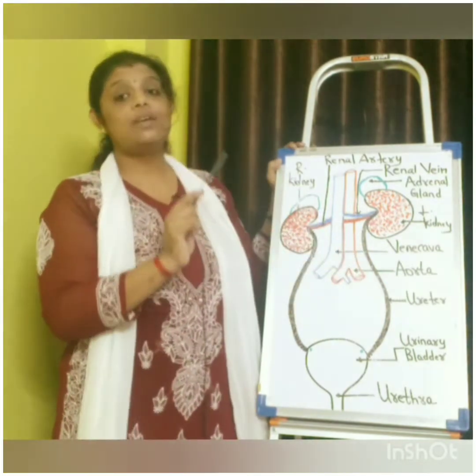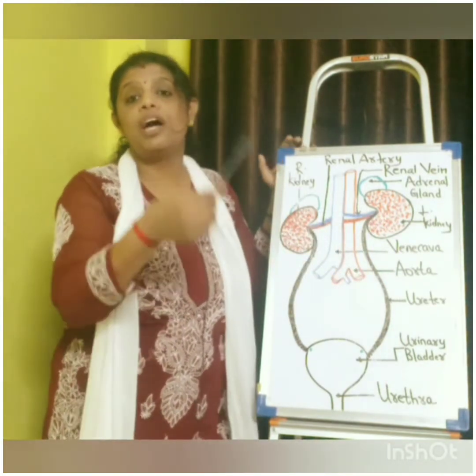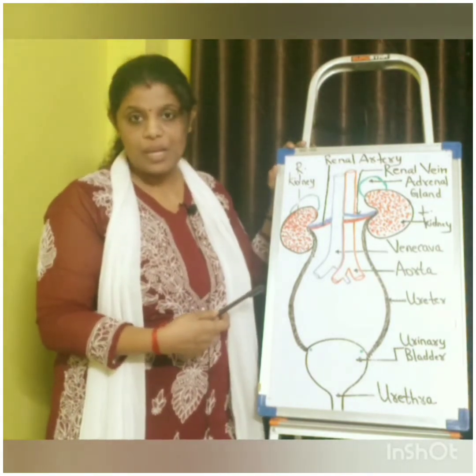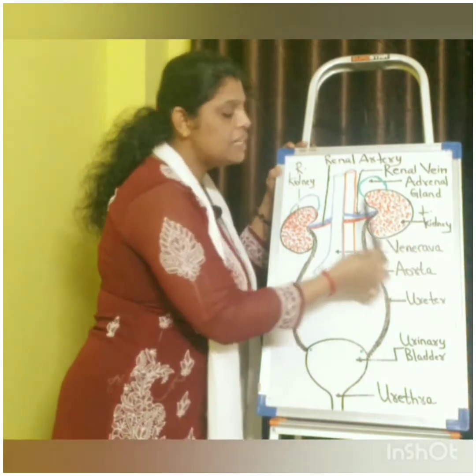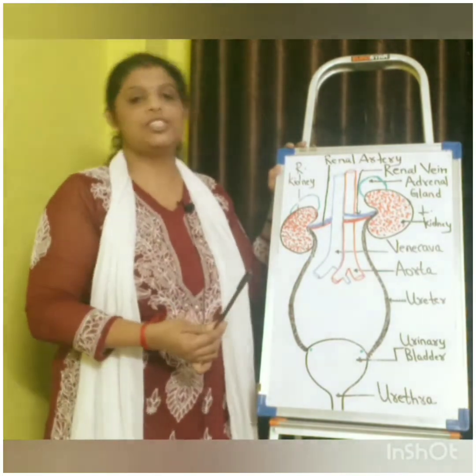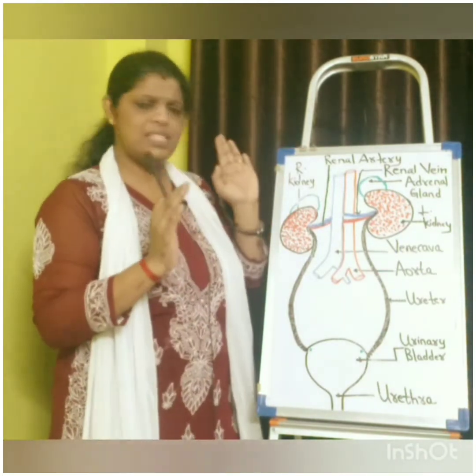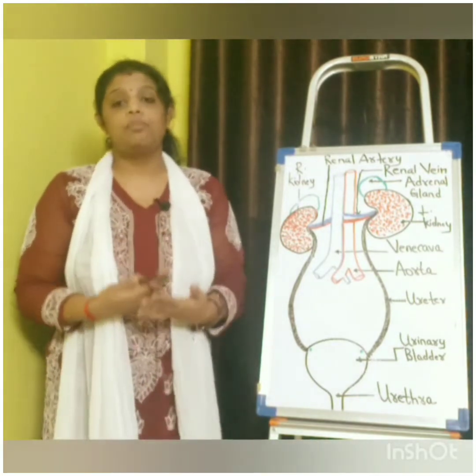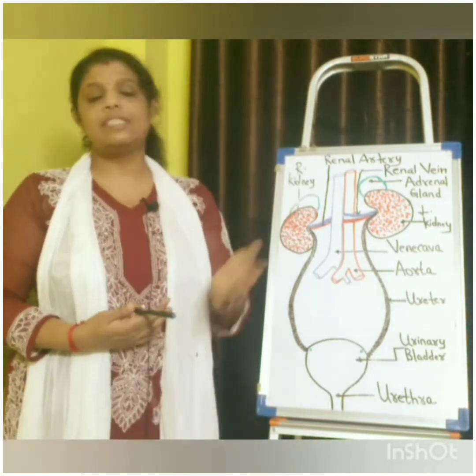Now that renal artery will branch out into capillaries within the kidney, and inside the kidney, purification occurs. Let's understand this much right now. How purification occurs and what the processes in purification are, we will see later on.